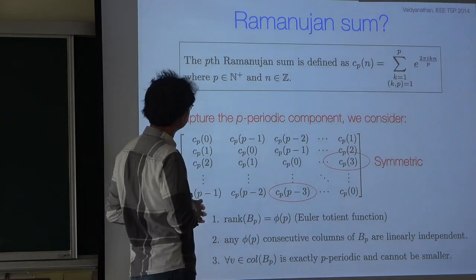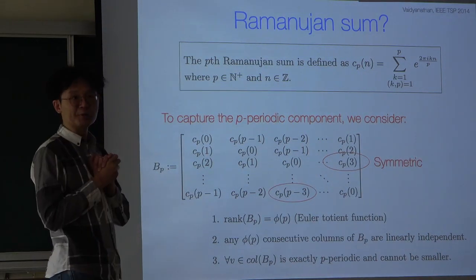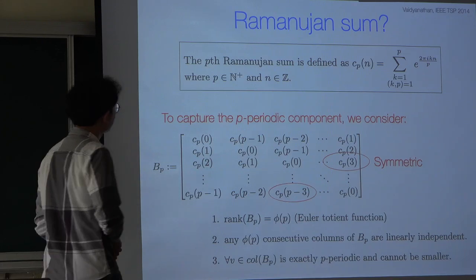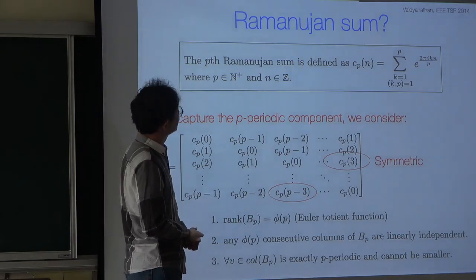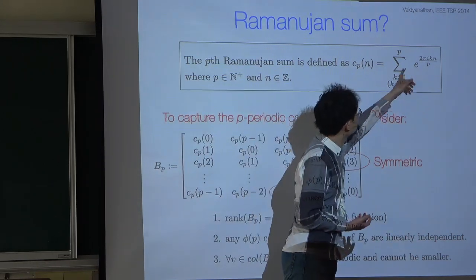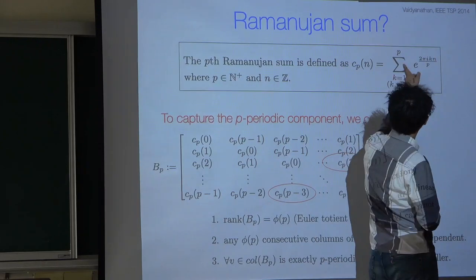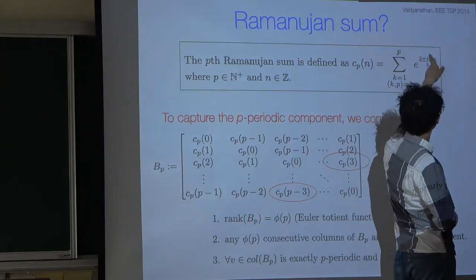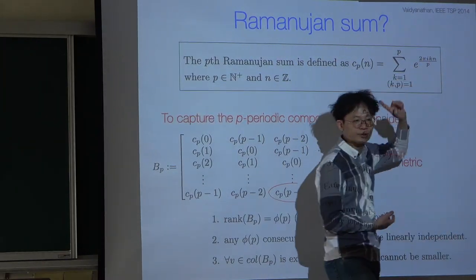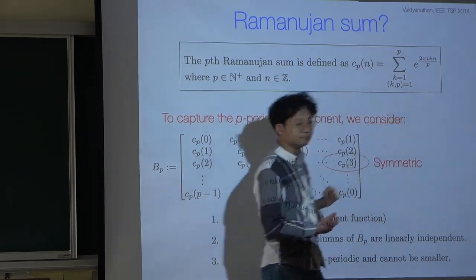So what he did was, first you recall the Ramanujan sum. The P Ramanujan sum is defined in this way, which is a trigonometric sum. But when you do the trigonometric sum, you only focus on those k that are coprime to p.